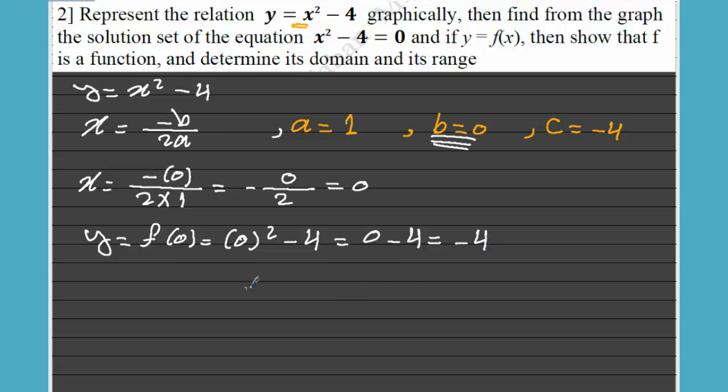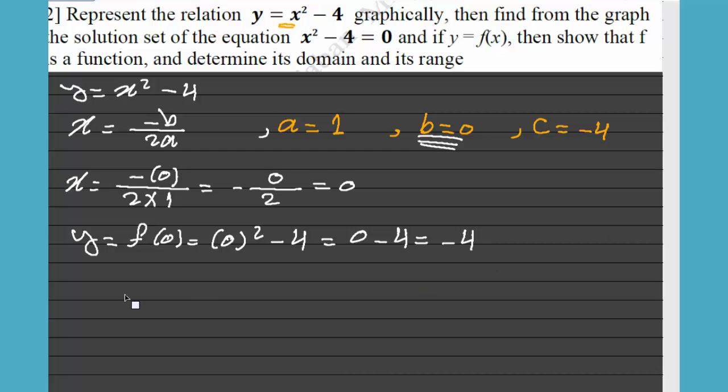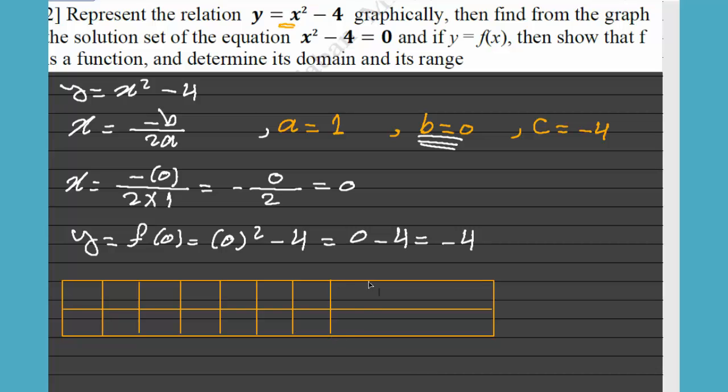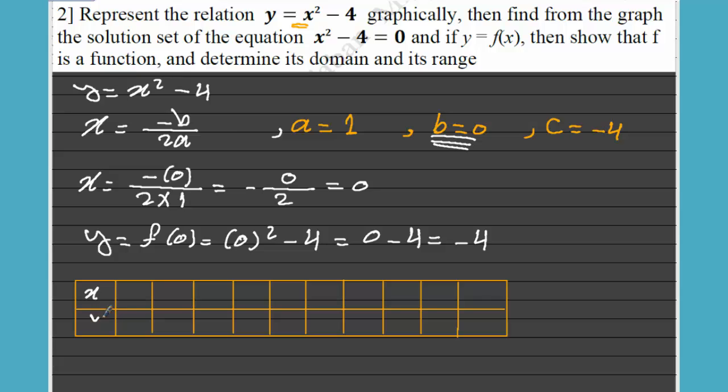So I'll construct a table to draw the curve of this function to get the solution set. X and y. Start from the vertex.